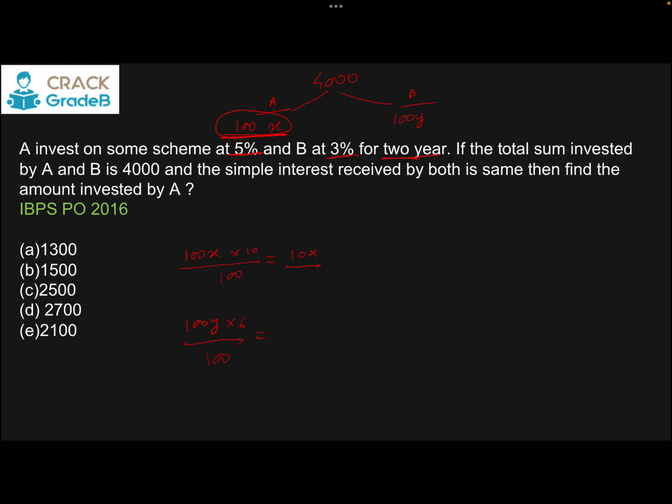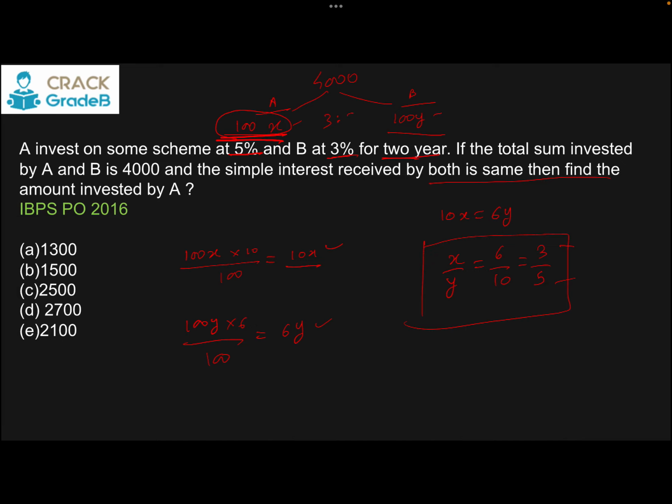So 100y's 6% is going to be 6y. They are saying this and this both are equal because the interest earned by both is the same. So if 10x is equal to 6y, then we can say x upon y is 6 upon 10, or 3 upon 5. The ratio between x and y is the same as that of 100x and 100y.